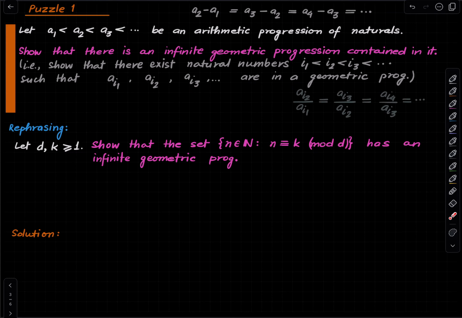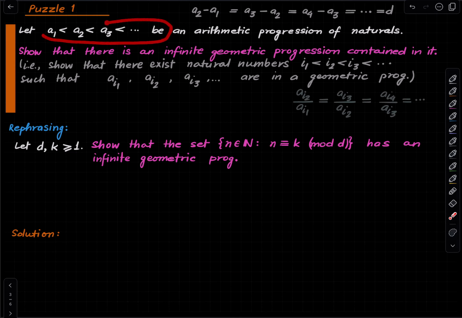Now, why are these two problems equivalent? Well, call the first number k and call the common successive difference d. So all of these differences are equal and call that number d. Then this is k plus d, then you have k plus 2d, k plus 3d, and so on, right?